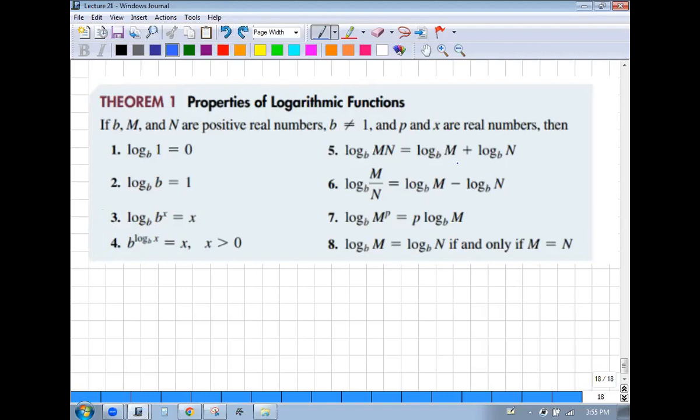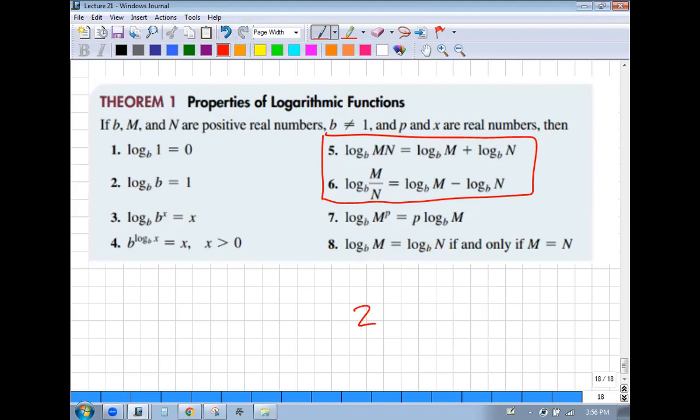All right. Here we just showed that if you're multiplying, you could turn that into addition. This is new. And the one below it is just the same thing, but if you're dividing, you have to subtract, okay? And here's the other trick I showed you. If you have an exponent in here, you can pull it out front in front of the log, okay? And if you have log base b of m equals log base b of n, as long as the bases are the same, then m and n have to be equal.